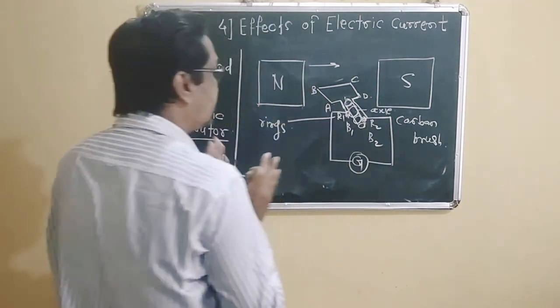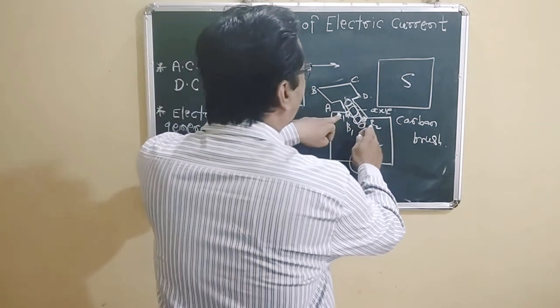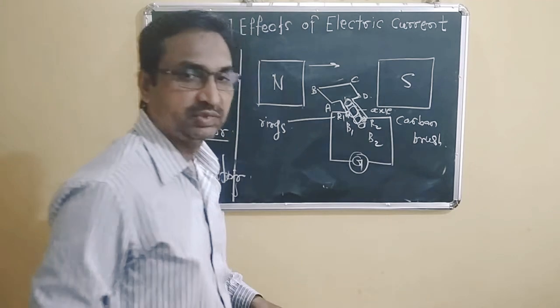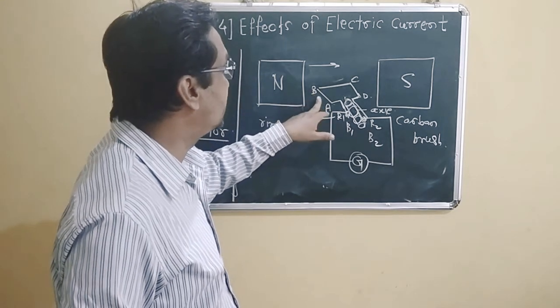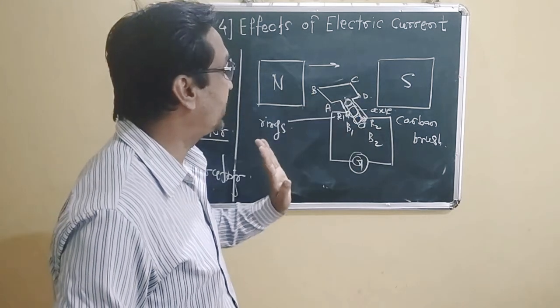So in the construction, R1 and R2 are the two rings connected to the branches AB and CD respectively.